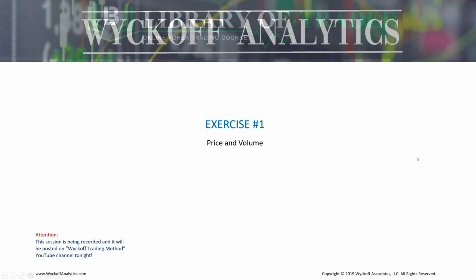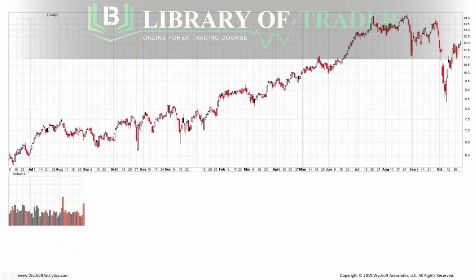This is one of my favorite exercises, just because you have to think a lot about how you analyze the chart and what definitions you give to the specific price or volume signature. The task of this exercise is very simple.